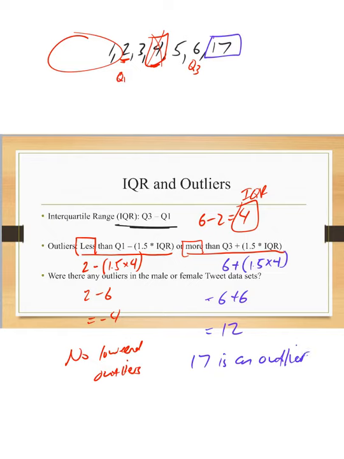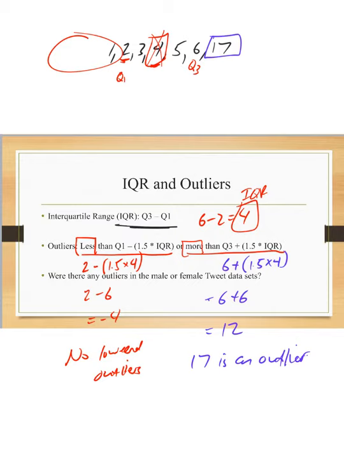Now, we can't just say 17 is an outlier by looking at it. We have to actually calculate to make sure that it is. Keep in mind, if we would have had a negative 4 or 12, those would not have been outliers, but anything less than negative 4 would have been an outlier. Anything more than 12 would have been an outlier. So if we would have had another value in there that was 13 but everything else stood the same, that would have been an outlier.